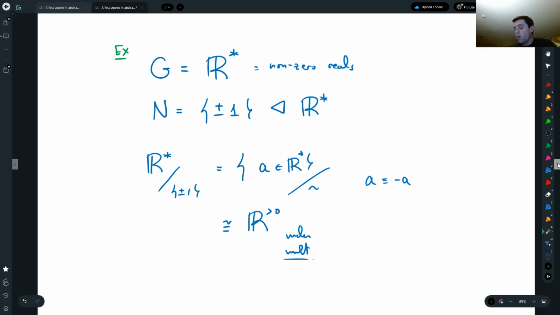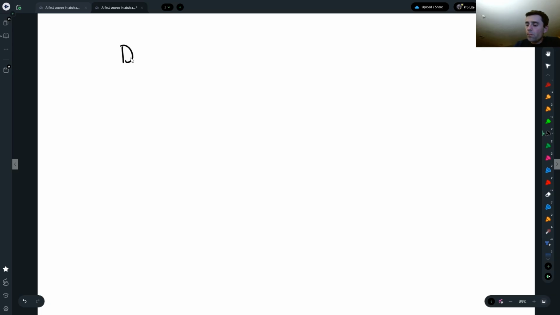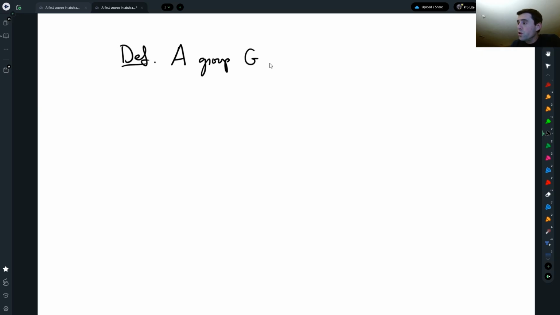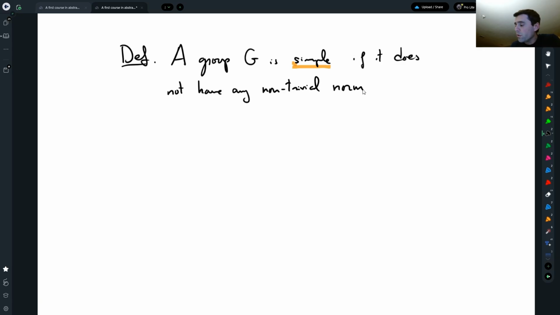Let me just give you one more definition, one more type of group which has to do with normal subgroups. A group G is simple if it does not have any non-trivial normal subgroups.